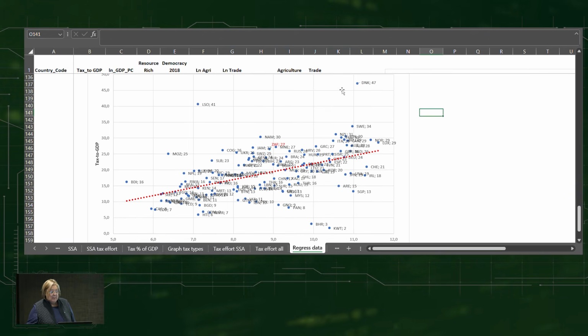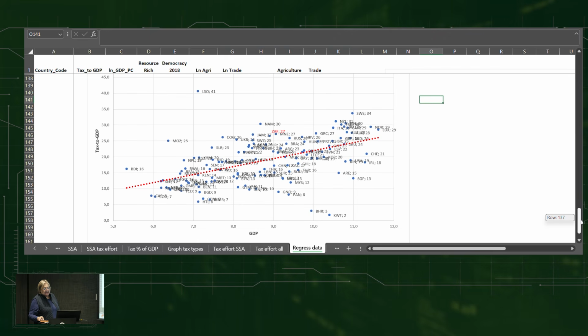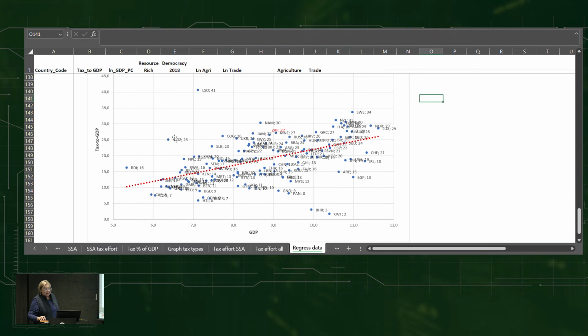So now you can see where South Africa is sitting. This is the mean, the trend line best fitted to all these countries' tax to GDP ratios. And South Africa's tax effort, like we've calculated now, is much higher than this mean for a given log GDP. If you go to log GDP and drop down here, you'll see we're at 27%.